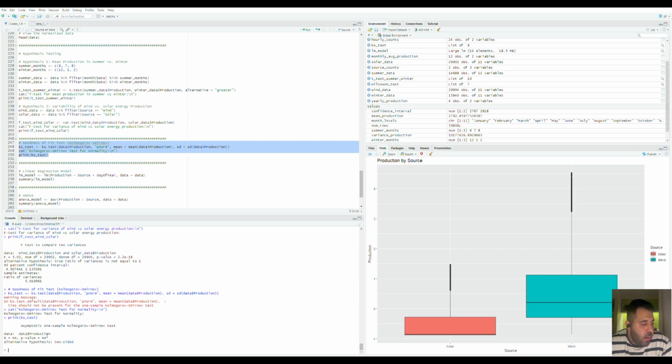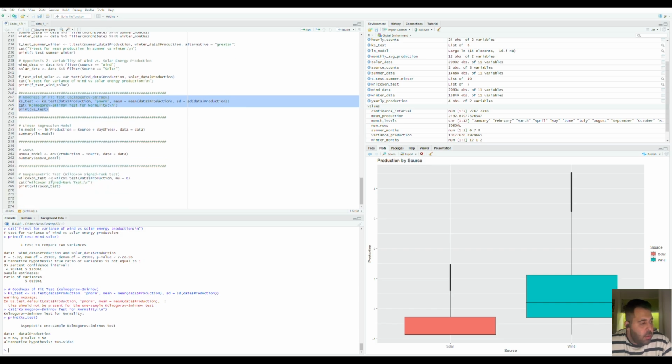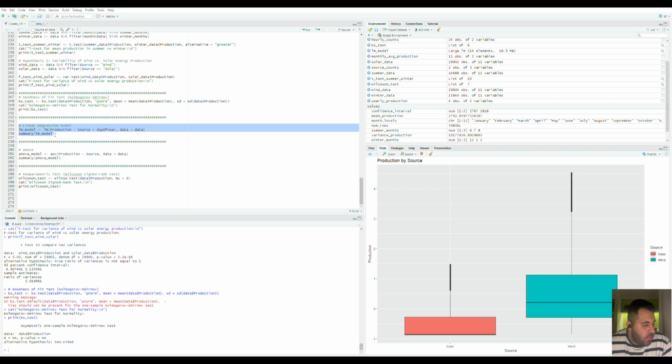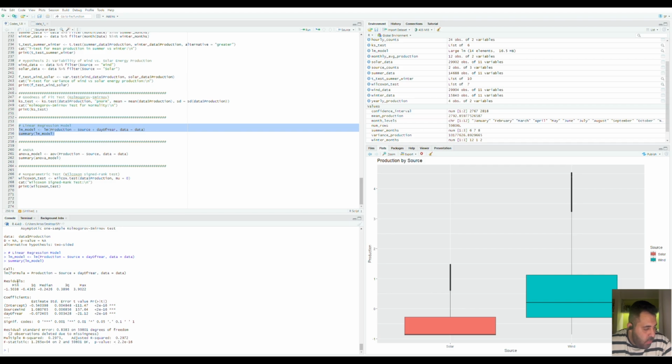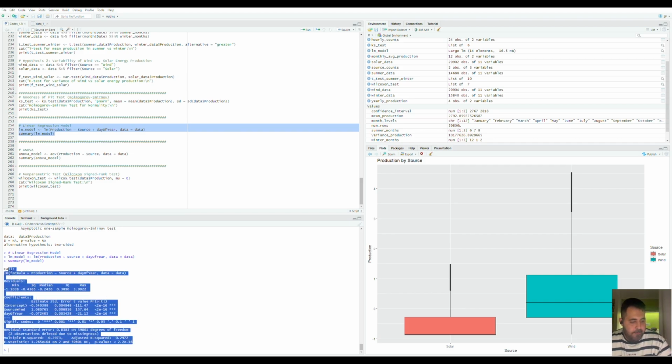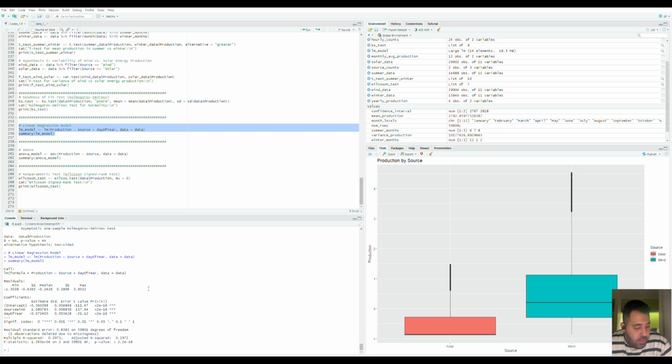Okay, let's move on to the linear regression model, highlighting it and then running it. Here, let me again highlight it here. So our objective is to develop a linear regression model to predict energy production based on the sources of energy.